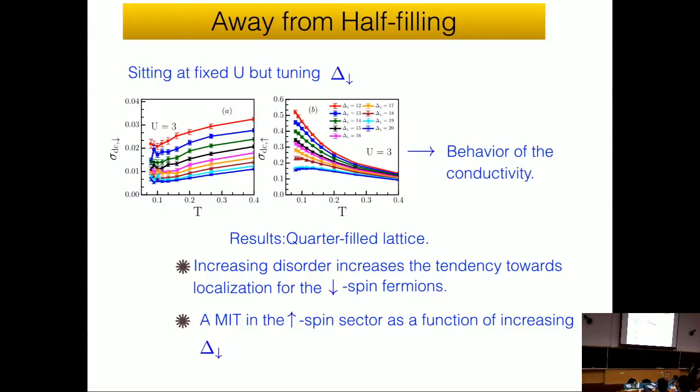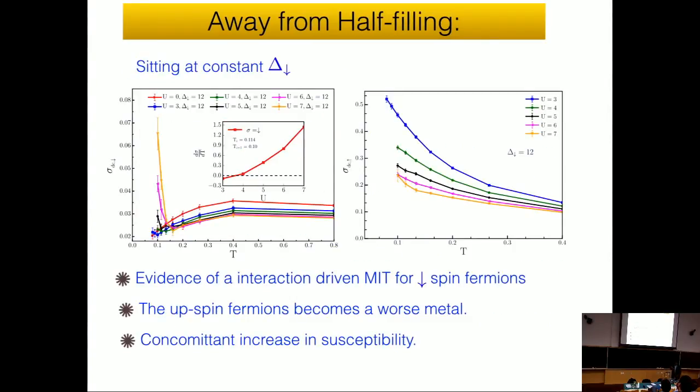This, of course, is not my main result. If this was the case, then I wouldn't be so happy. Now I go to the other limit, and this is my important slide. Now what I am doing is I sit at an extremely large value of disorder, and I essentially tune U. As you can see, when U is 0, everything looks insulating.